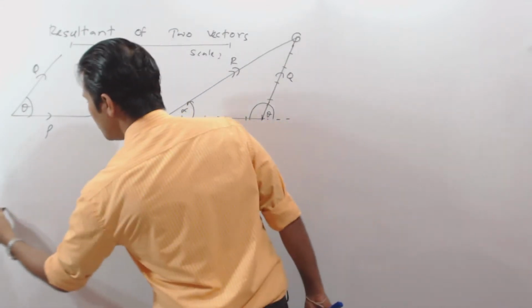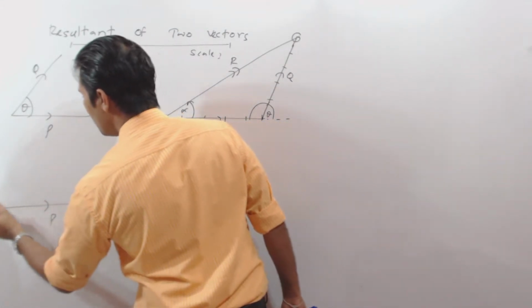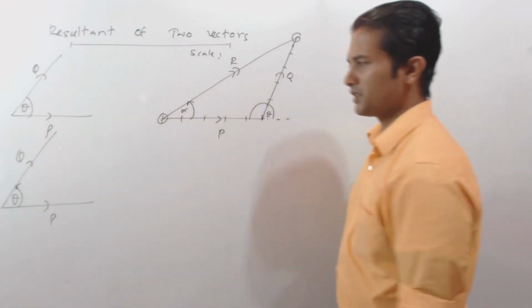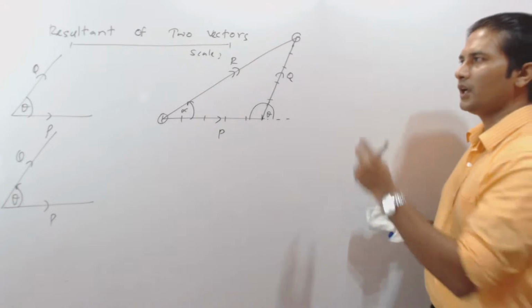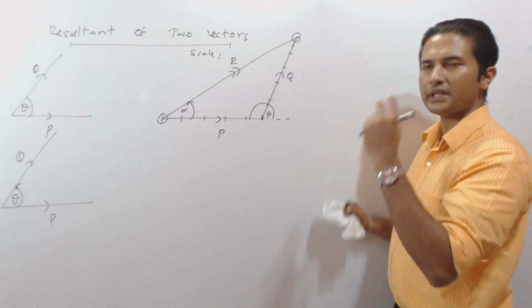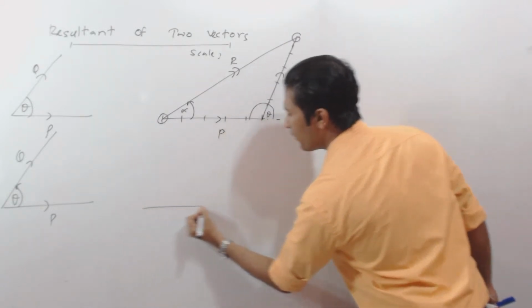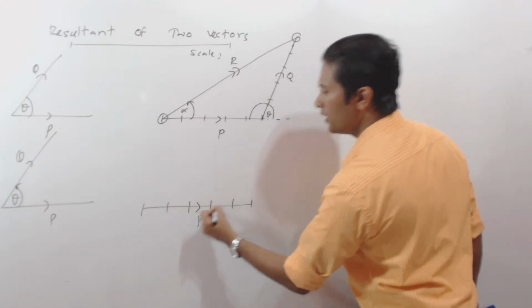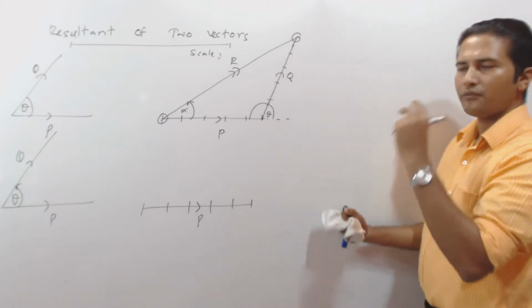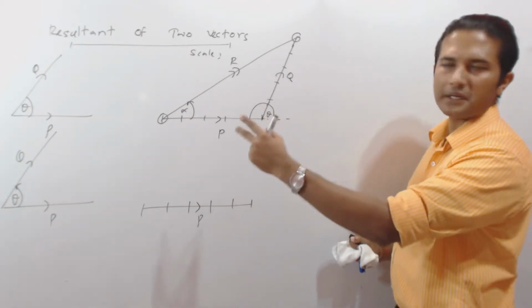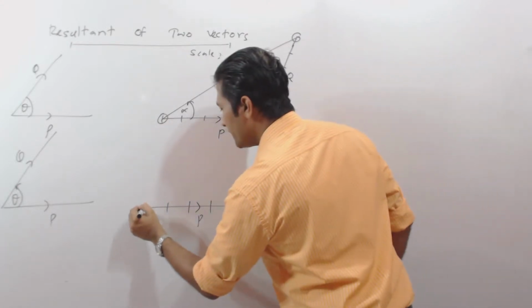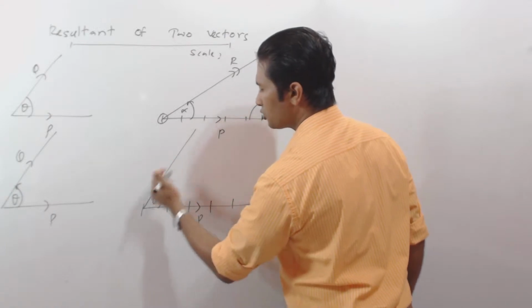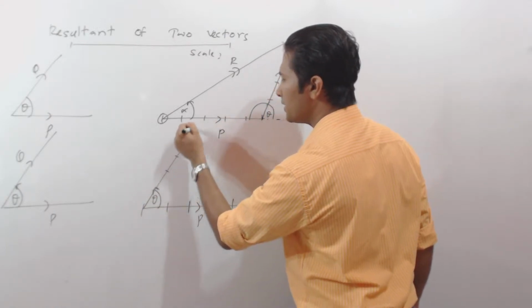Now we can move on to the parallelogram theorem. Same as the triangle theorem, you use a particular scale and vector p should be graphically interpreted. Then the vector q should be graphically interpreted at the initial point of vector p, just like this, taking theta towards the anticlockwise direction.